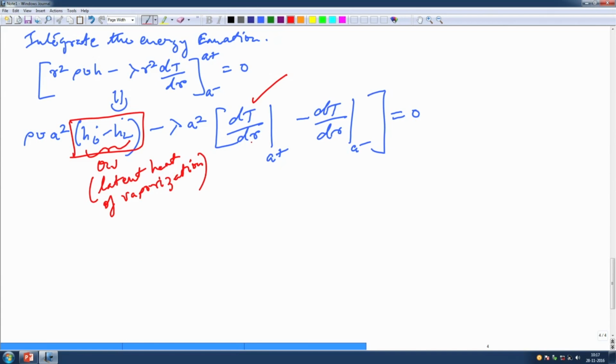On the other side, you see two expressions now. One is the temperature gradient in the vapor phase, one is the temperature gradient in the liquid phase. Now, here is where the plot thickens a little bit. What can you say about this quantity is easy, this is well known. But if the temperature gradient needs to be evaluated in the liquid phase, then you need to solve the full liquid phase equations.